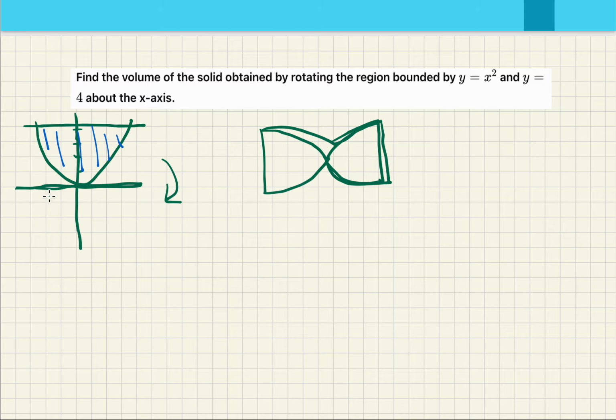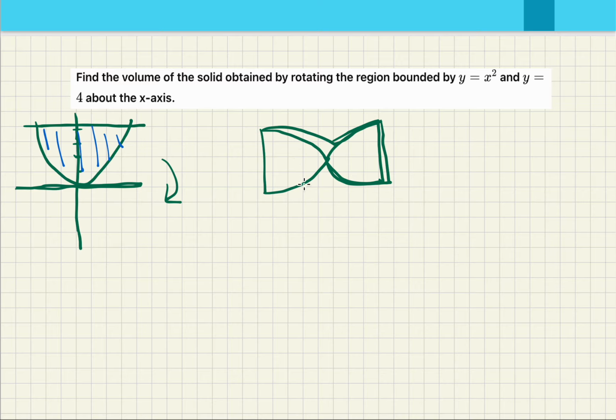And once I had drawn the graph and identified what solid is obtained by rotating the equation, we can now figure out when to use the washer or the disk method. So an easy way to figure out when to use the washer method is to look at the solid and decide if it's hollow or not. And so what I mean by hollow is when you look at the 3D object, does it look like it's caving in, or that you can pour a liquid inside?